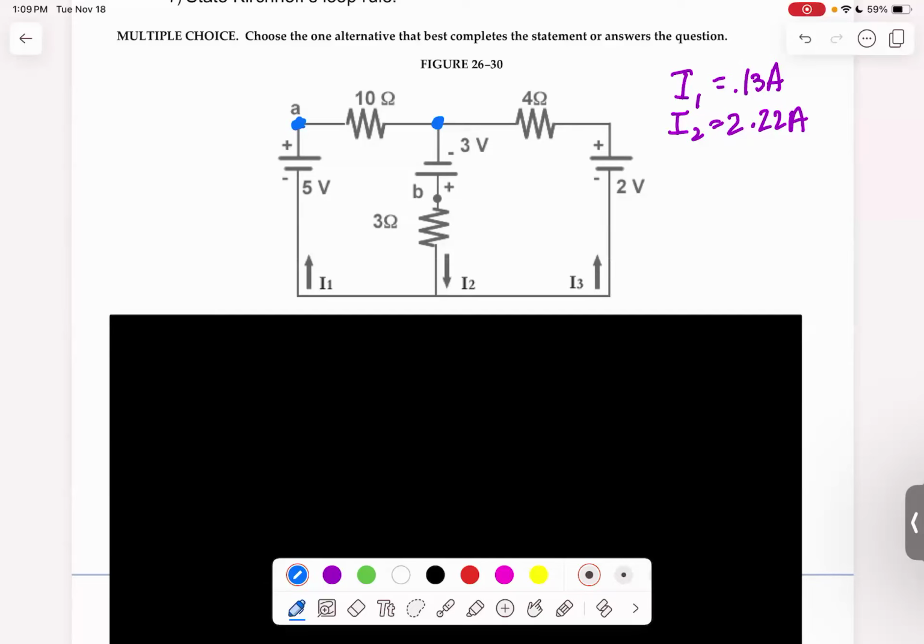Let's call the current coming in here I1. We'll just assume that the current is coming in this direction, and it may not be. If it's not, we can make that correction. And let's say that in this direction we have I2, and in the other direction we have I3.